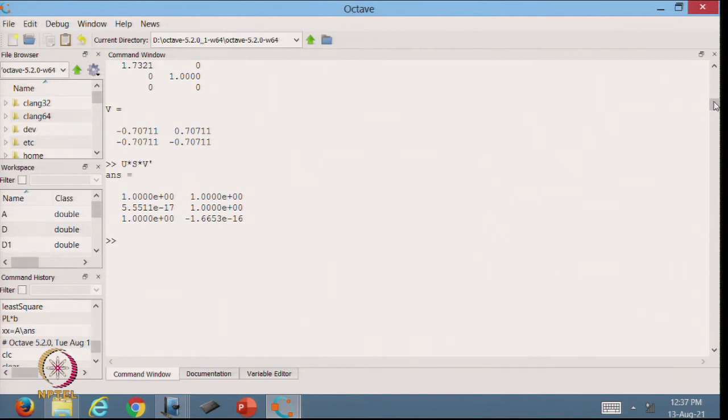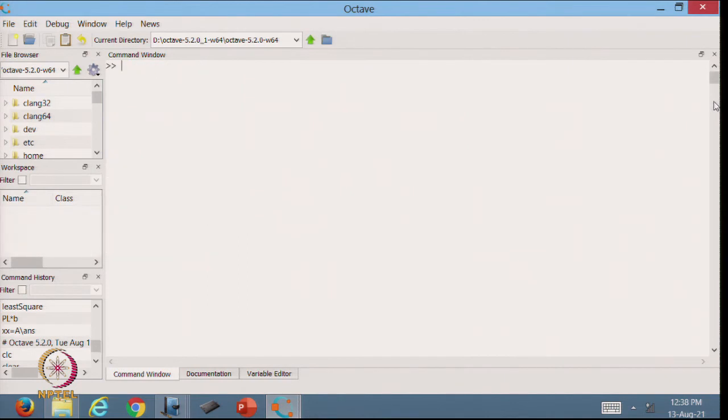Now, we can apply some other examples and see how we can do the SVD for other matrices. Let us take another matrix. I just write clear all, so it will clear. Now, I can define some different matrix.